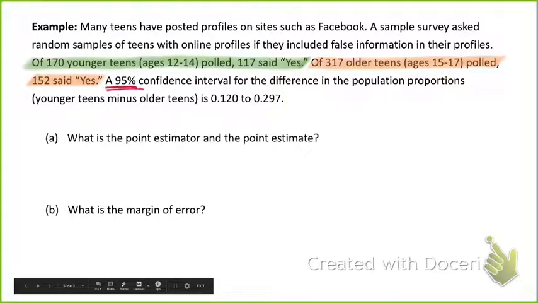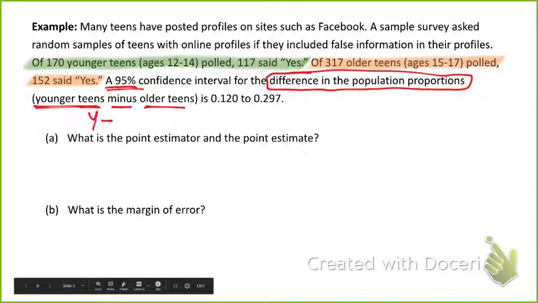A 95% confidence interval for the difference in the population proportion, younger teens minus older teens. Now that's going to be very important, the order that the subtraction is happening. So younger teens minus older teens.